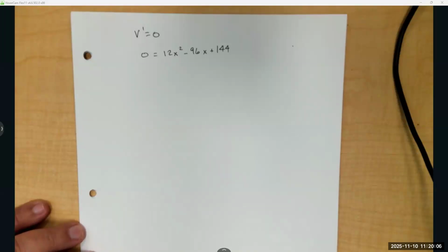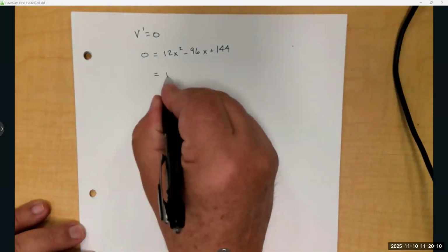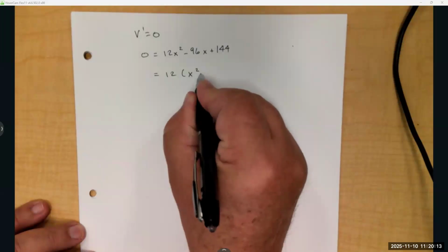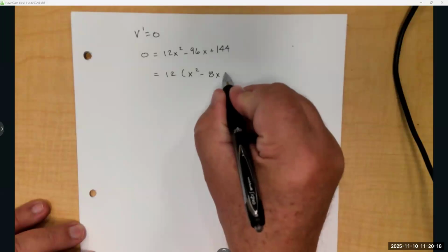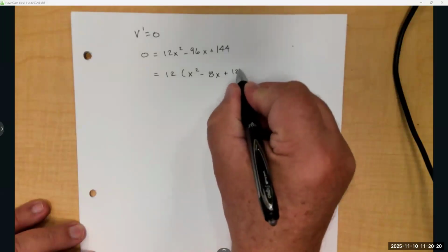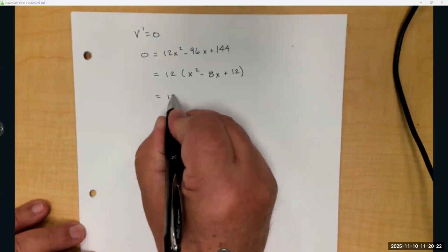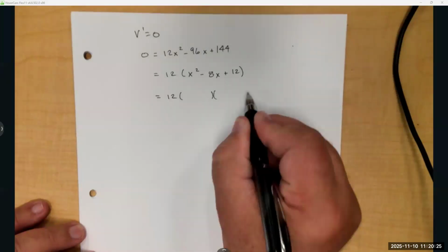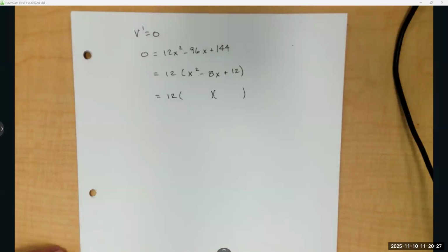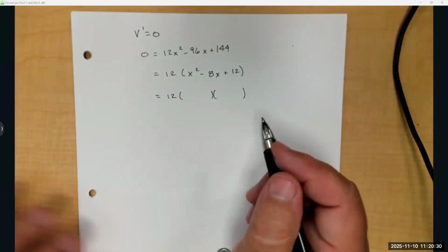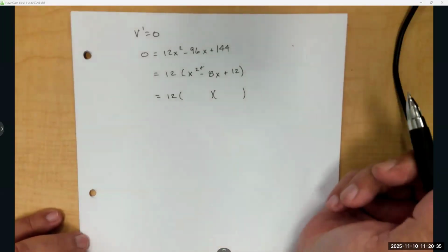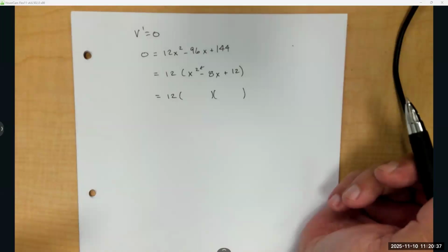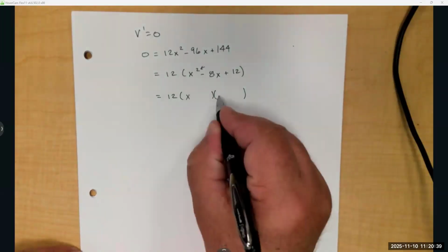What do they all have in common? They all have a factor of 12, right? How many times does 12 go into 96? 8 times. 12 goes into 144 12 times. Because the degree of our first derivative is 2, we have 2 answers. So we're solving for x.